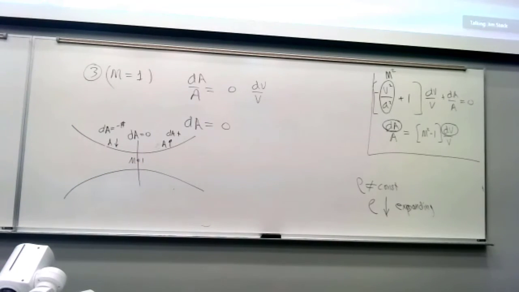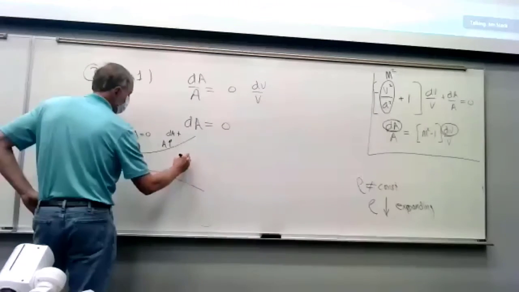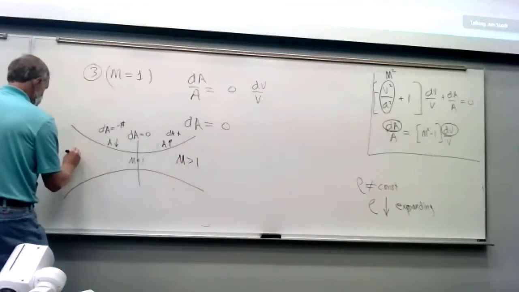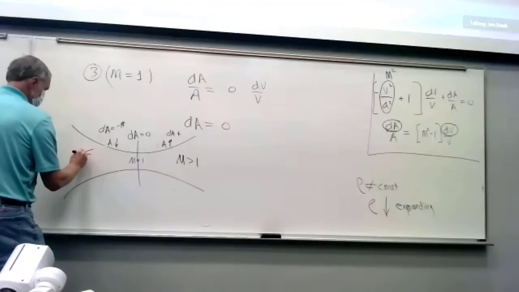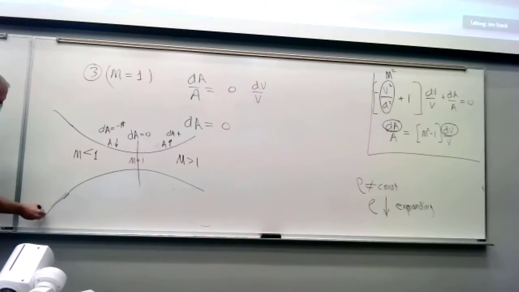Seems weird, but in order to get flow to go from subsonic to supersonic, it has to go through that nozzle where the Mach number is exactly 1, and then over here, if you drive it with enough pressure, you get supersonic flow here. And the reason you have to drive it with enough pressure and narrow the area down enough is because the flow is increasing, increasing, increasing.